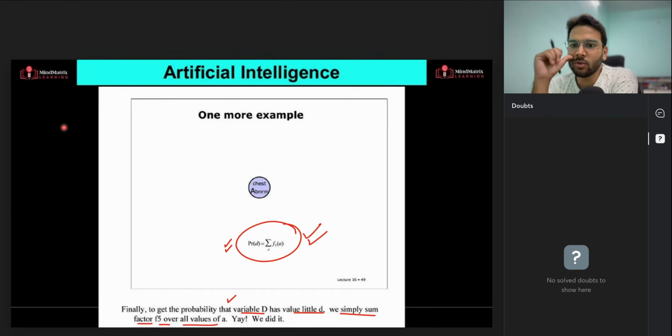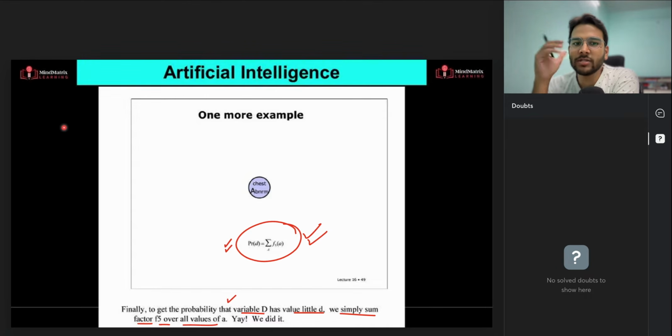What does equivalent to same mean? If you are summing over any variable, that means you are adding all the values of that variable. If you have added all the values of that variable in that particular factor, you can say that you have removed that variable, right? Yeah, it becomes independent of it.